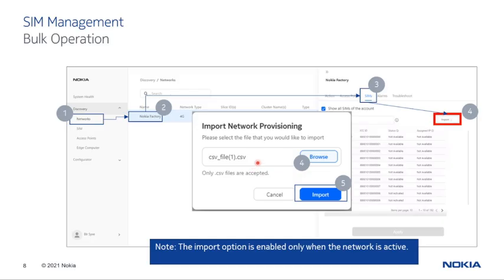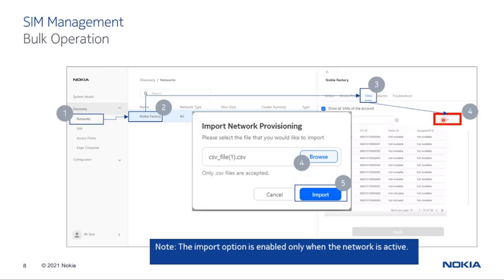If all the SIM card details are added into the CSV file, then with this one click, it's possible to add those SIM cards to a selected network. This is done on the network view, not on the SIM view. When you go here under the SIMs, which lists all the SIM cards related to that given network, you have this import function.